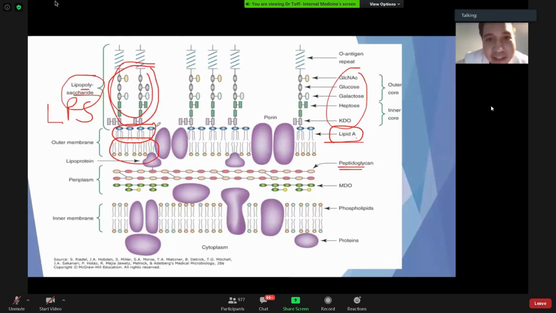So the answer is specifically at the lipid A portion of the lipopolysaccharide. Is that clear? Clear po yan ha? Okay. So again, endotoxin, lipid A portion of the lipopolysaccharide. Is that clear? All right, good.